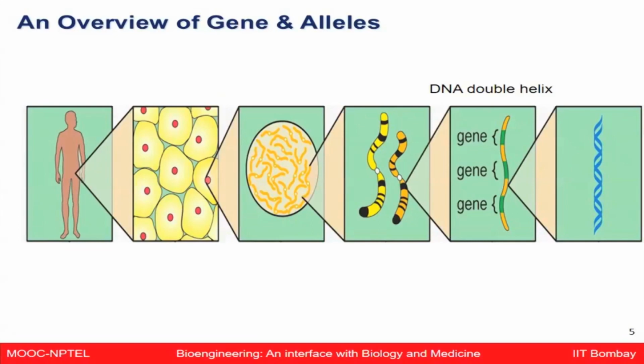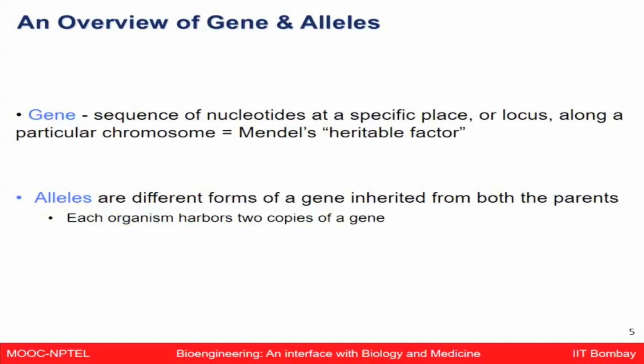What Mendel was thinking, and what we think now as a gene, is the sequence of nucleotides at a specific place which contains some of the heritable factors, some information which could be inherited from one generation to the next. Later on, people realized that this could be termed a gene. So what we now think of as a gene is what Mendel thought of at that time as the heritable factors which can transmit from one generation to the next.